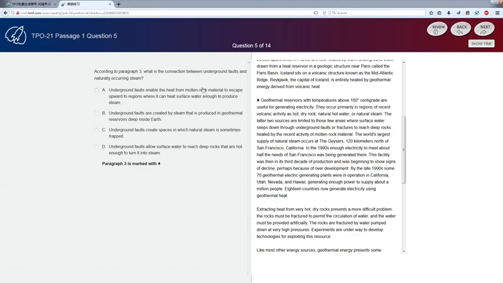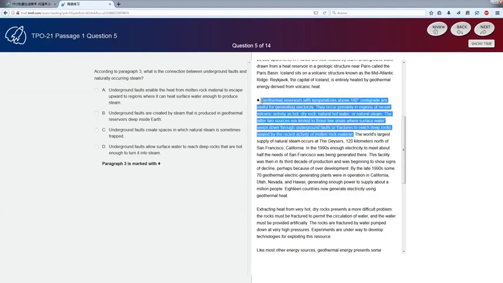Let's see. Underground faults and natural occurring steam. Oh, I found a natural steam. Natural steam. Oh, underground faults. Okay. So, it means these two sentences here are going to give me the answer I need. And that's how simple it is, okay? Let's see. Geothermal reservoirs with temperatures above 180 centigrade are useful for generating electricity.